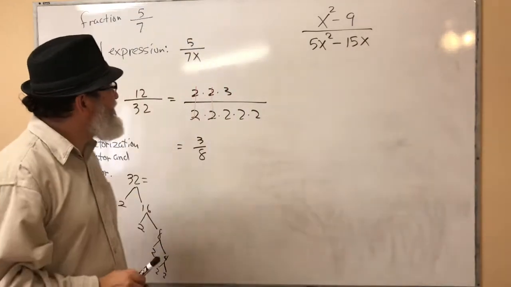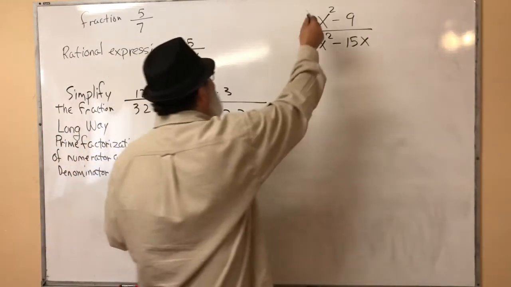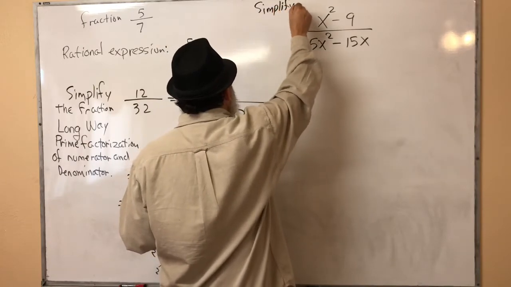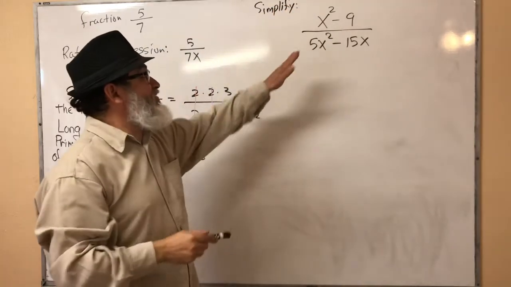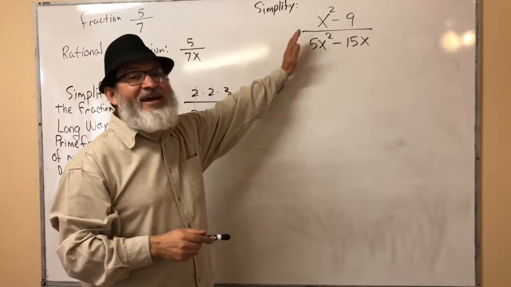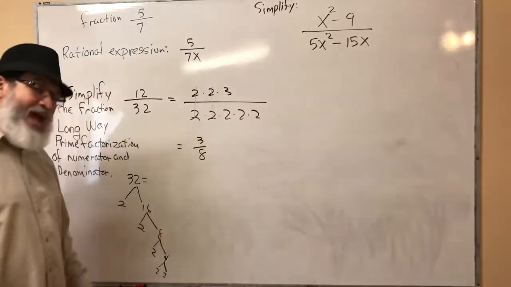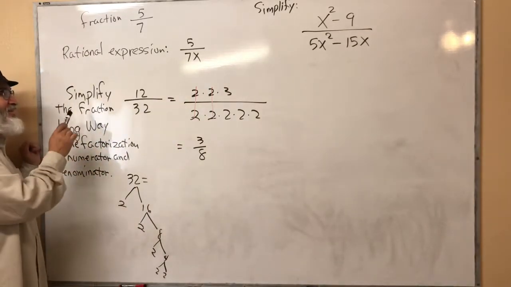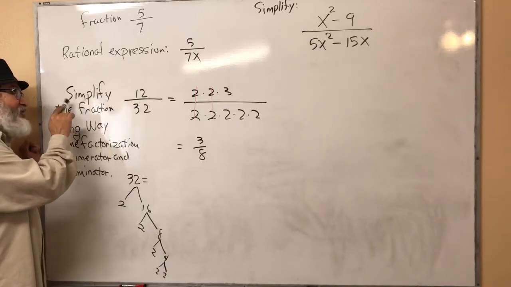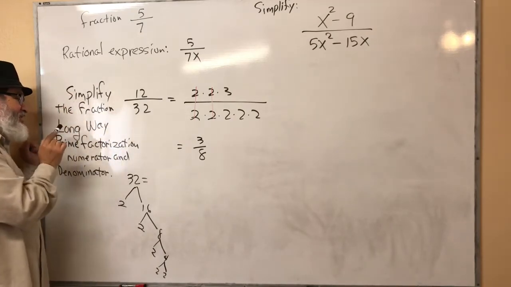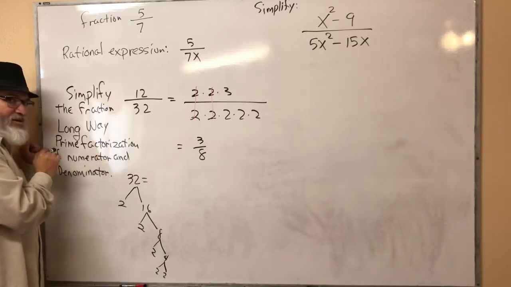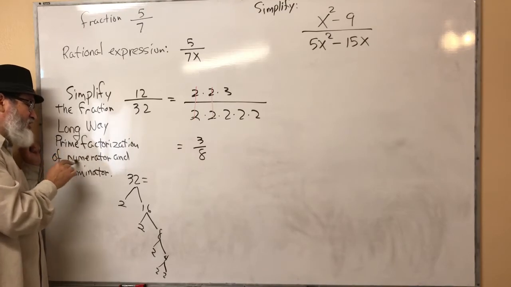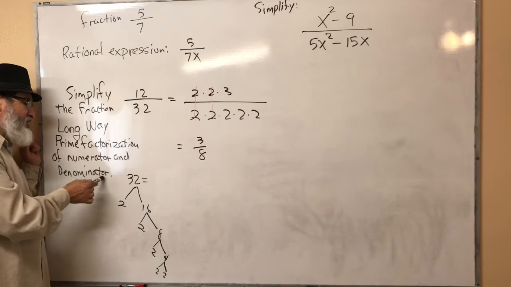And let's simplify this rational expression. Hey, we learned something here. Let's do it the long way. And what's the long way? Let's do the prime factorization of the numerator and the prime factorization of the denominator.